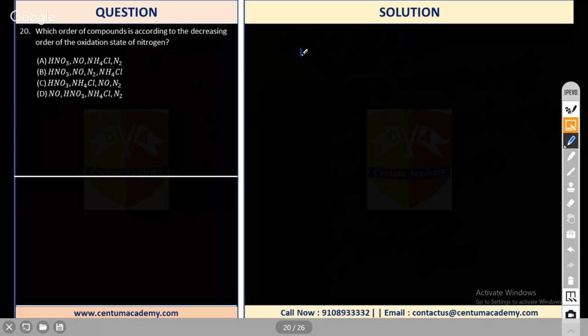So I'll just write down HNO3, NO, N2, and NH4Cl. In HNO3, the oxidation number is +5. Here it is +2. In nitrogen it is 0.